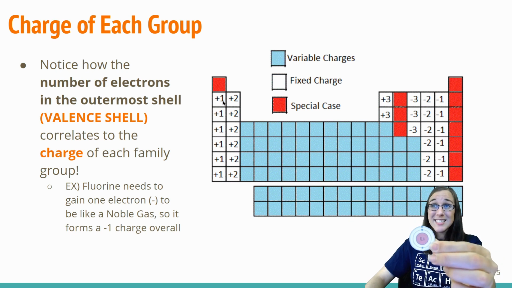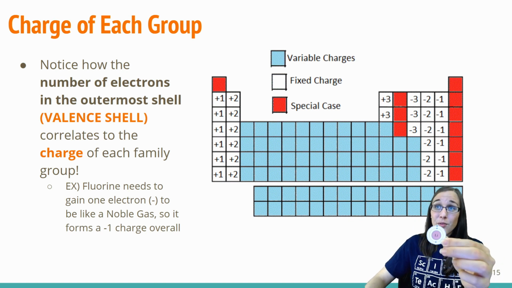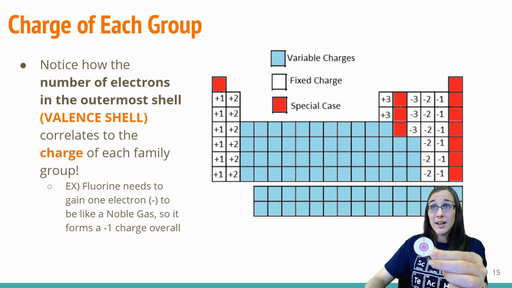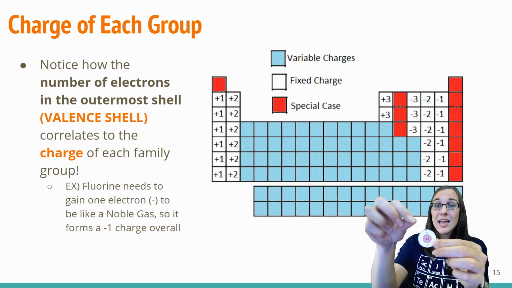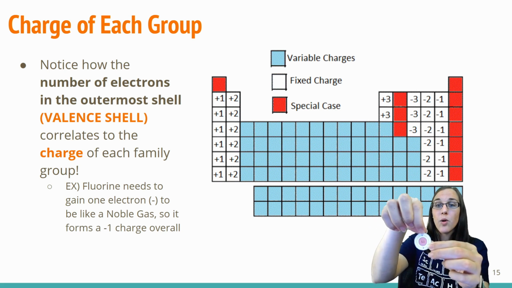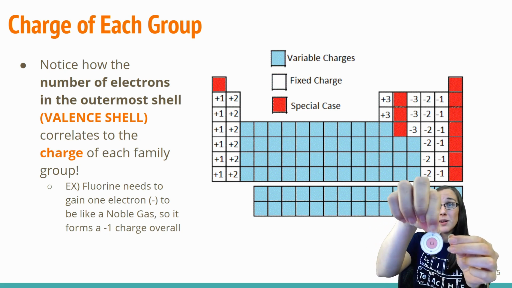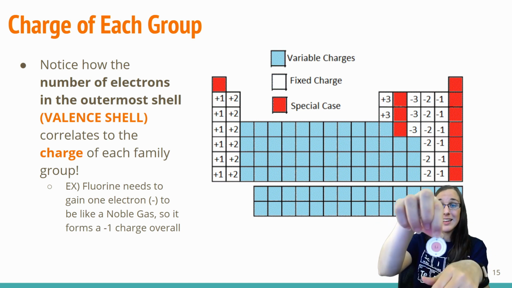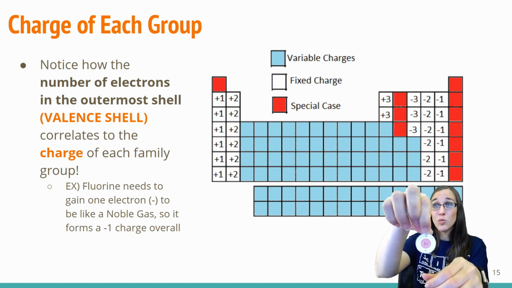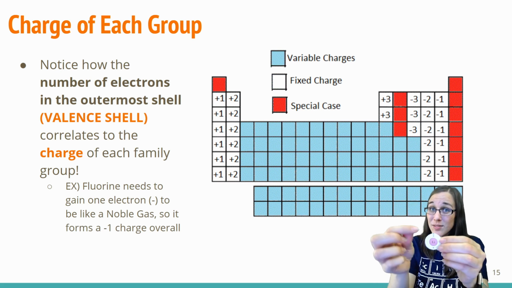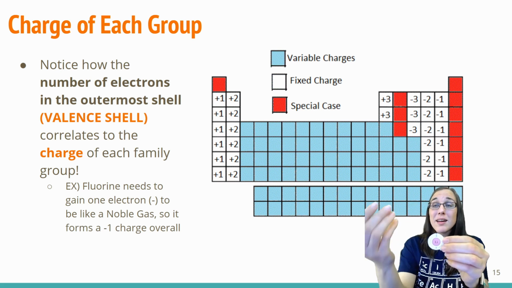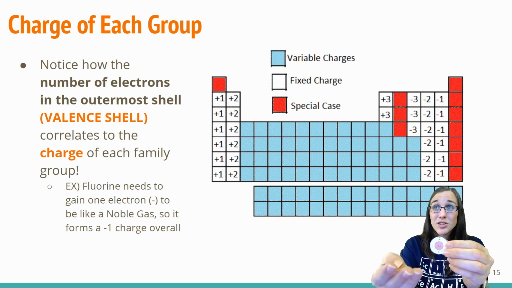That's because in order for lithium to have a full valence shell, a shell that makes it stable, like the noble gases, it could lose this one electron. It would be pretty easy to just kick out an electron, lose one, and if you lose an electron which is negatively charged, then it becomes positively charged, right?